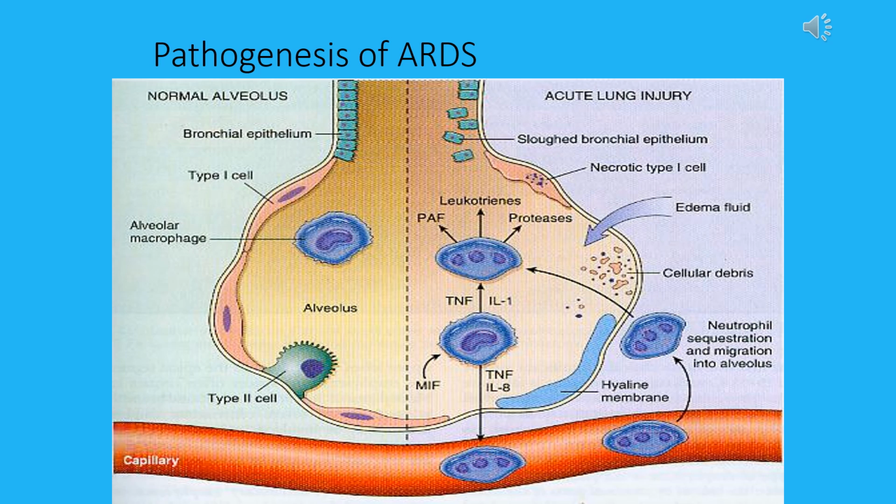Interleukin-1 can also stimulate the production of extracellular matrix by fibroblasts. Neutrophils can release oxidants, proteases, leukotrienes, and other pro-inflammatory molecules, such as your platelet activating factor.